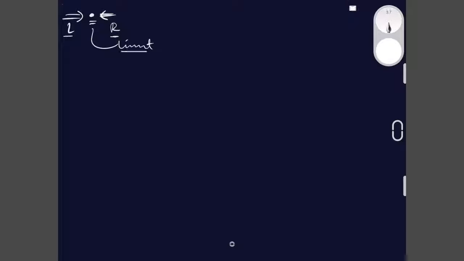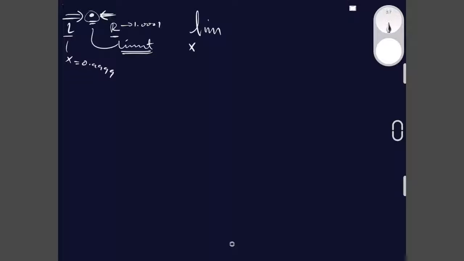And that limit is said to be the slope at that point. So this is where the idea of the limit comes in, because we took different x's. We had x equal 1.0001, and x equals 0.9999.